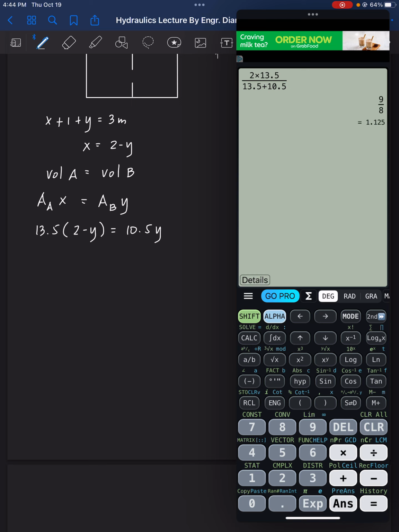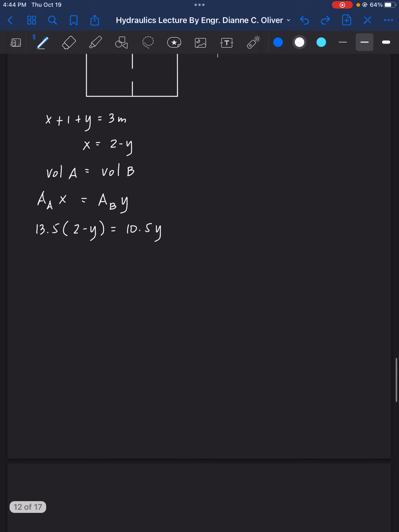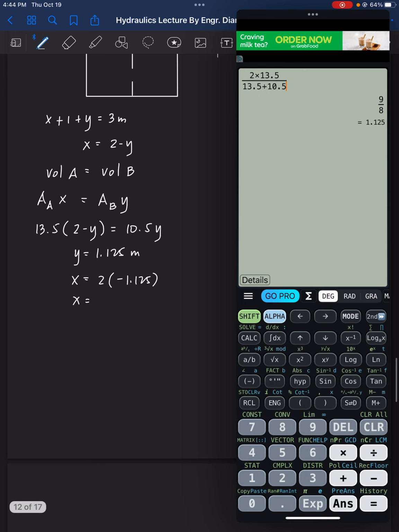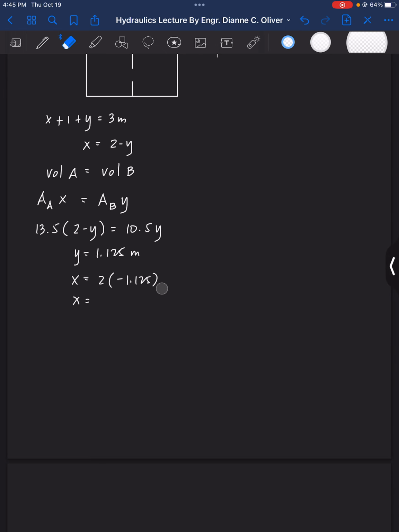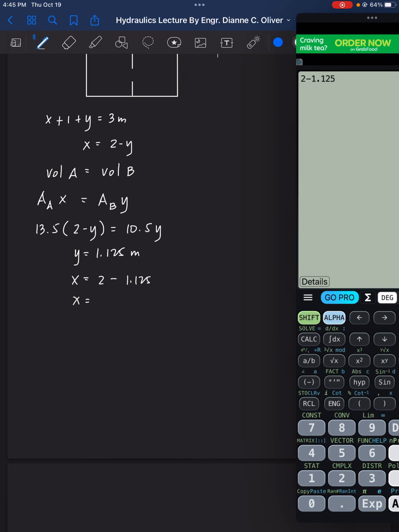Our Y is 1.125 meter. Therefore, X becomes 2 minus 1.125, which is 0.875.